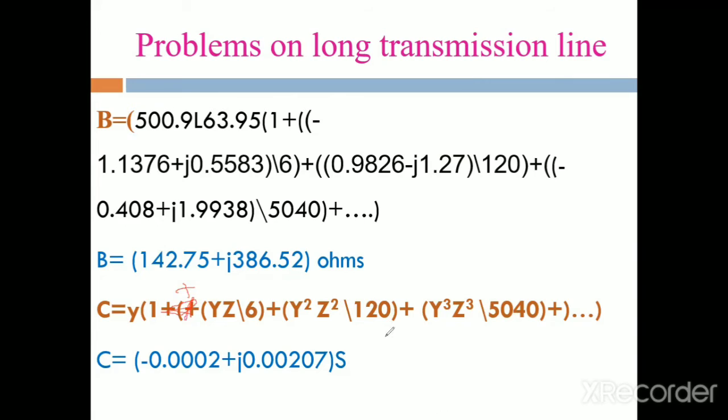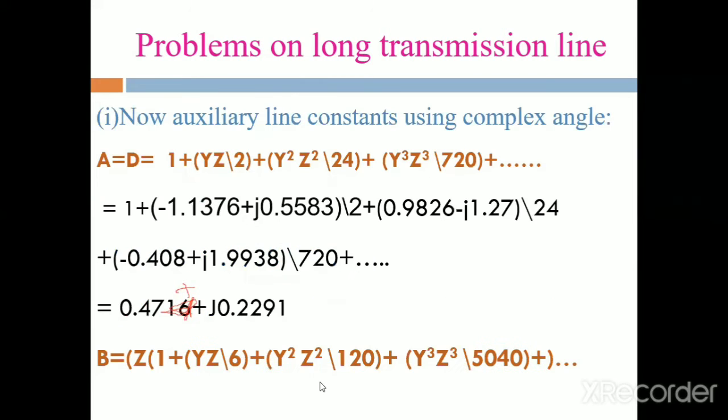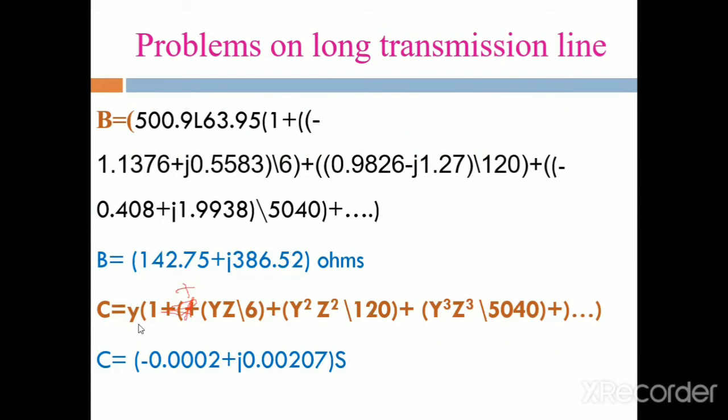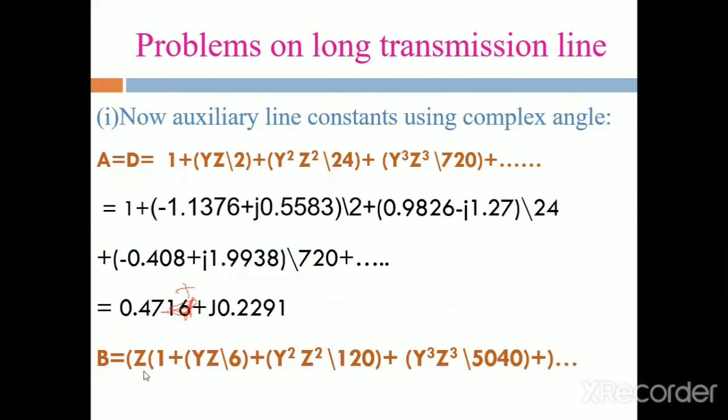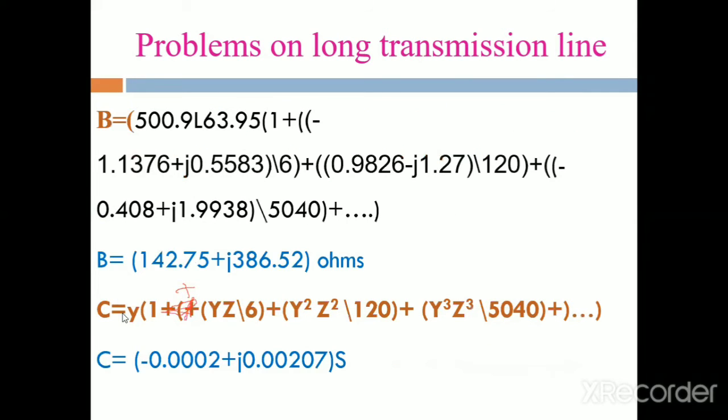Okay, this is the formula for C. Okay, by observing the formula for B, that is Z into 1 plus YZ by 6, the only difference between the B and the C formula is Y and Z. In the case of B, we have Z, and in the case of C, Z is replaced by Y. That is the only difference between the formula for B and C.